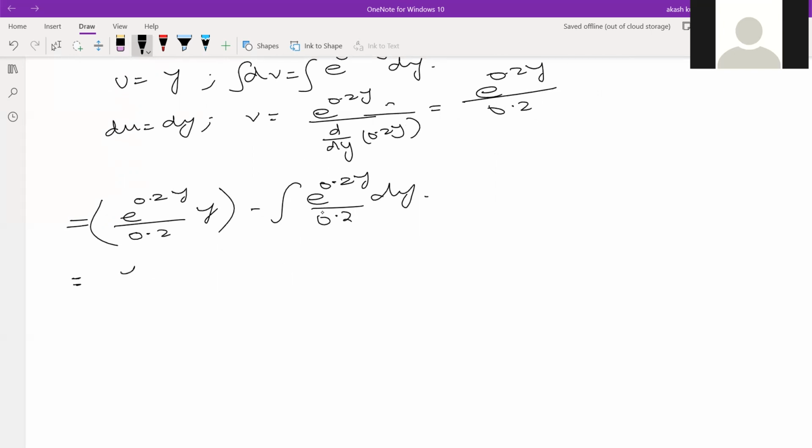So it becomes y e raised to the power 0.2y divided by 0.2, minus, taking the constant out, 1 over 0.2 times the integral of e raised to the power 0.2y dy.